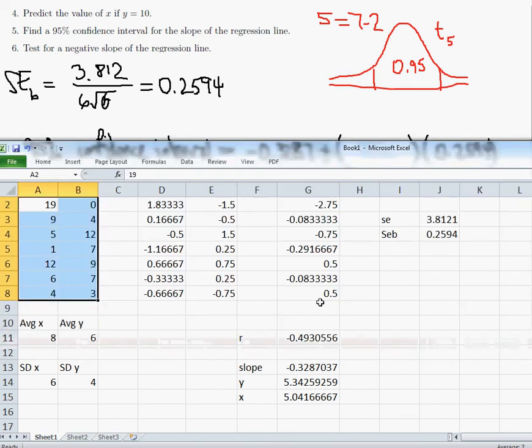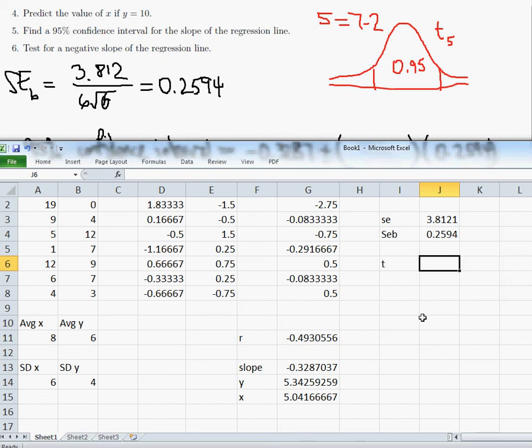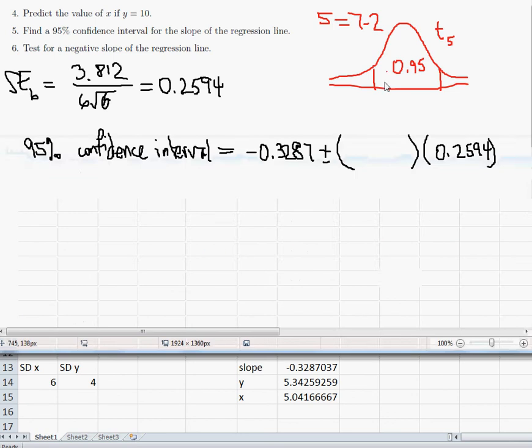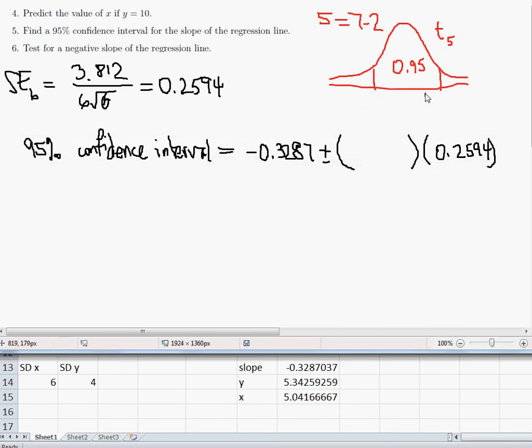Okay, so now I need the t value to go with this, and that is equal to, let's see, t dot inv dot 2t is probably the easiest thing to do: 0.05 with 5 degrees of freedom, so 2.5706. And so that's the number that appears here, 2.5706.